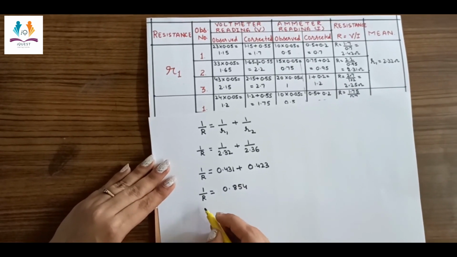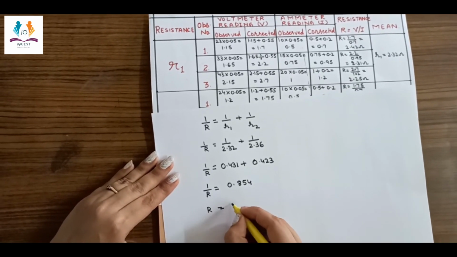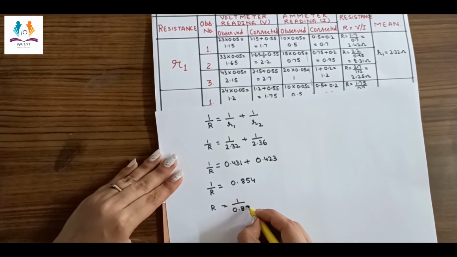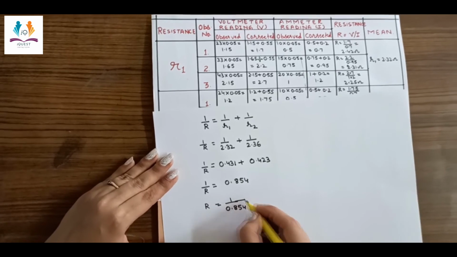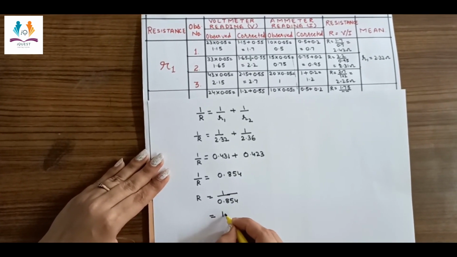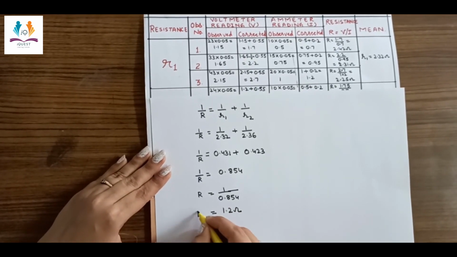Now to calculate the value of R, we will take the reciprocal of 0.854, then we will get 1.2 ohm resistance.